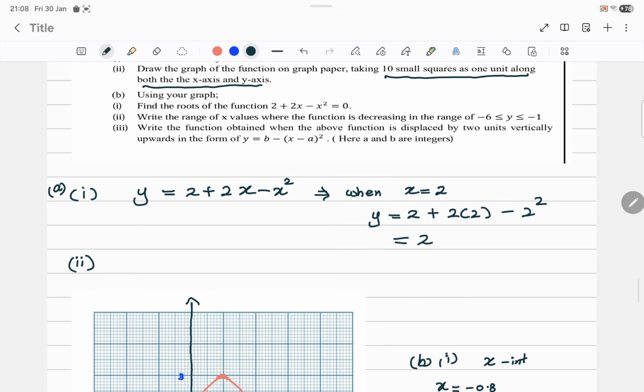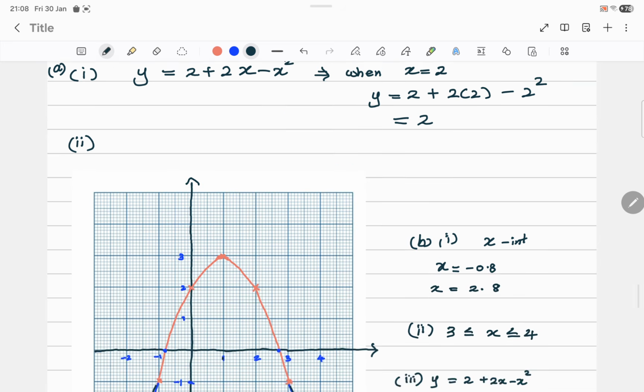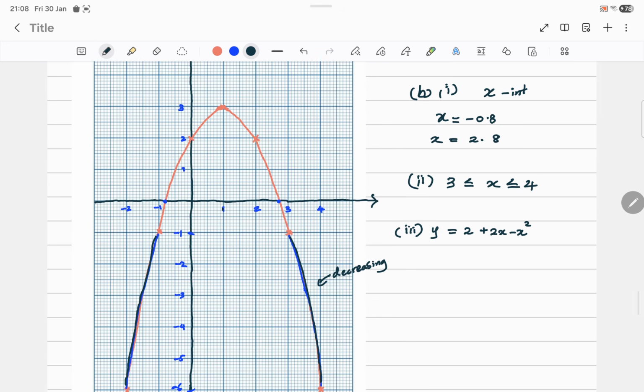You are doing what? Write the function obtained when the above function is displaced by 2 units vertically upwards. So what is happening to this function? All the y values are going to move up by 2 units. So you have to add plus 2 to the original function.